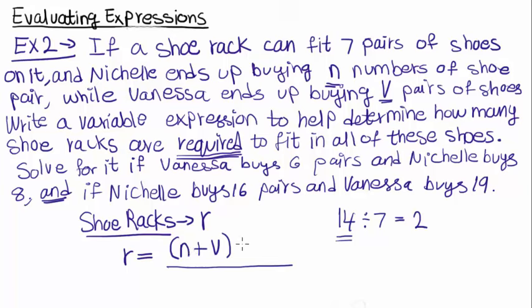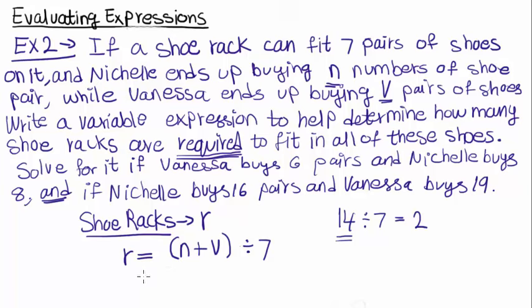After that, we need to divide the total of n plus v by the number 7 because that's how many pairs of shoes will fit on each rack. And so there I have it. The total number of shoe racks that I will need, which is represented by the variable r, is equal to the quantity of n plus v divided by 7.